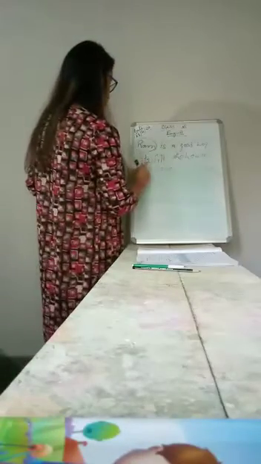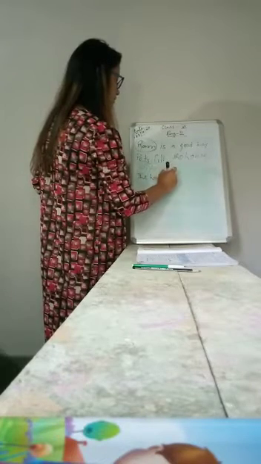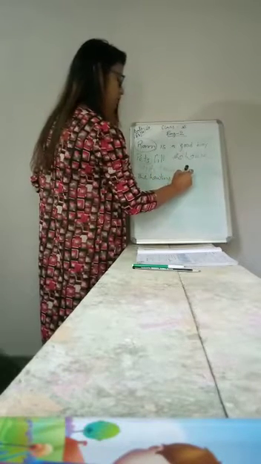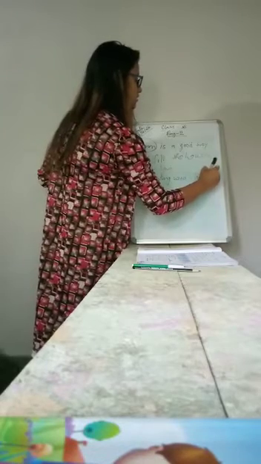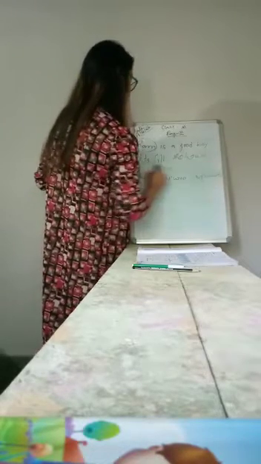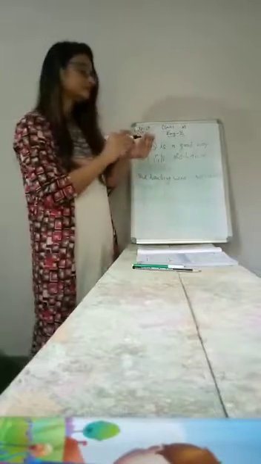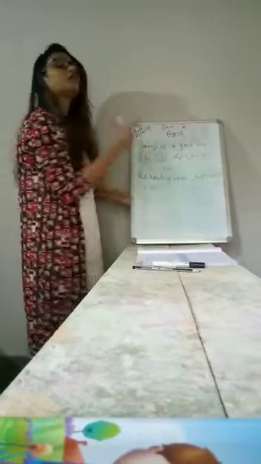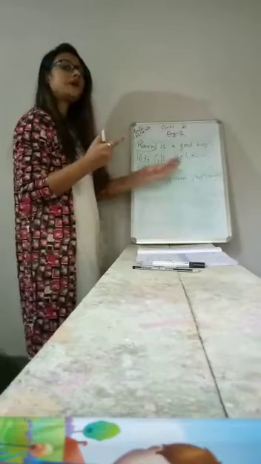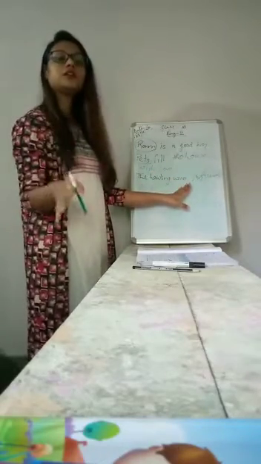Suppose, the howling wind frightened us all. So this whole is a sentence, right? And what is a phrase? It is a part of a sentence that does not give us complete meaning and has no verb.